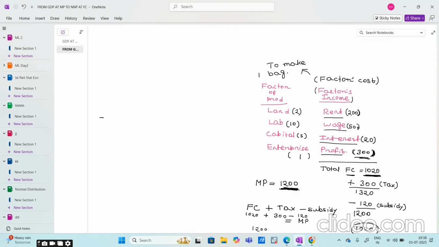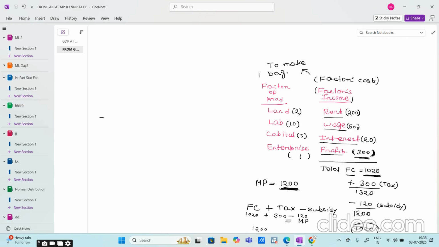What was the tax imposed by the government? That was 300. So the company or the production farm has added the 300 rupees of tax with the factor cost. So it now becomes 1320 rupees. The government in some other way has given a subsidy to the company. That subsidy can be in the form of an advantage, money, or some benefit.